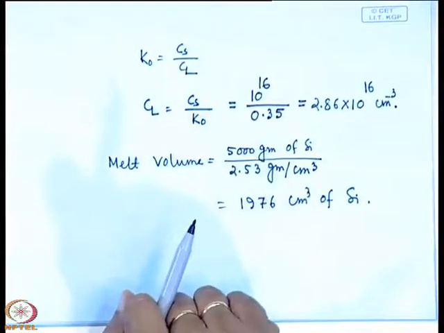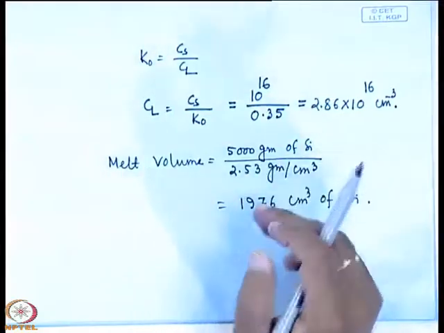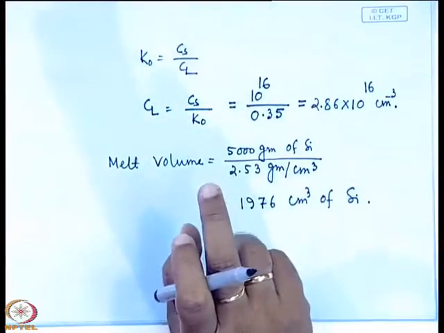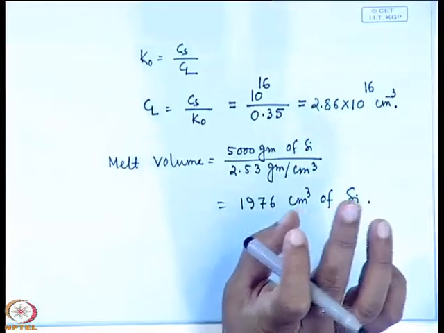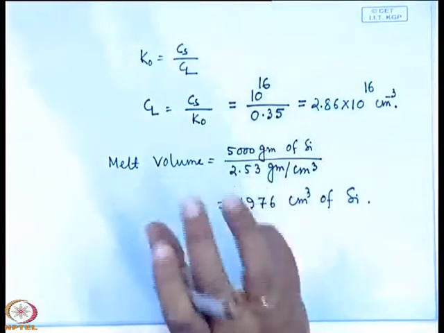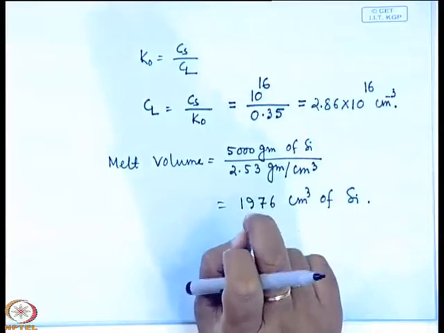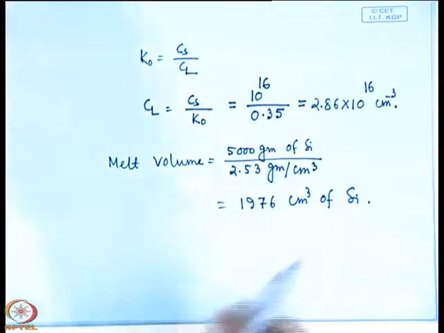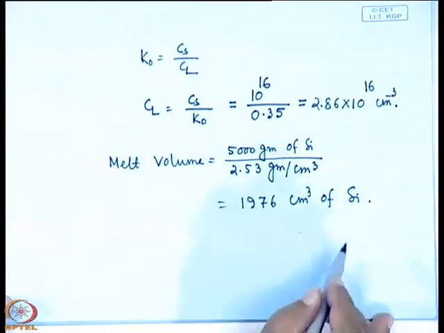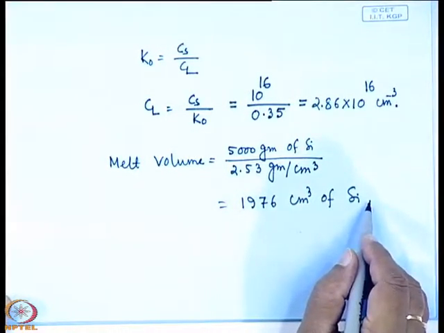I shall show you. That is why in solving such problems, you always take the volume of the melt as the volume of the silicon or gallium arsenide, that means the constituent host crystal basically. 1976 centimeter cube of silicon.